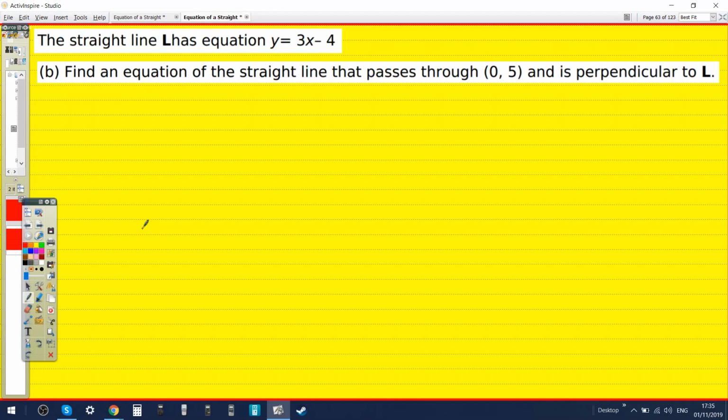Do we have to work out the constant first of the line that is perpendicular to L?